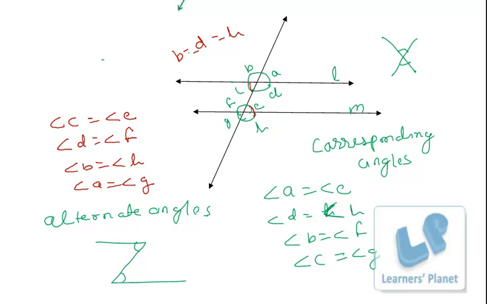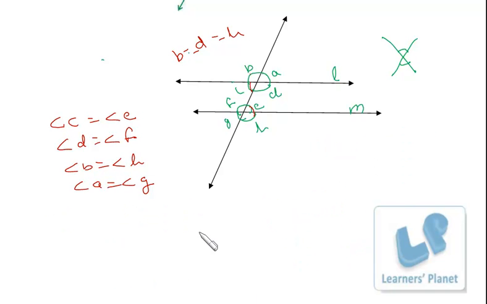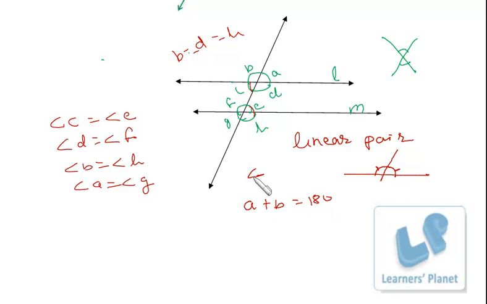Let's see the next. Now we have linear pair. Linear pair, that means we know that the sum of all the angles on a line is 180 degrees. Suppose this is a line, and the sum of this angle and this angle will be 180 degrees. So we call them a linear pair. So here angle A plus angle B will be 180 degrees.